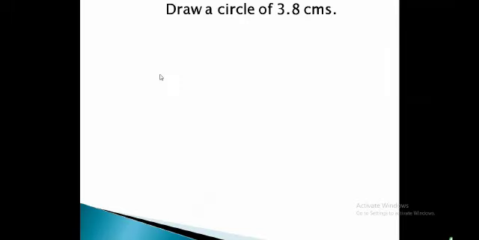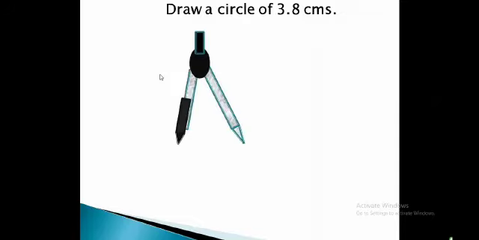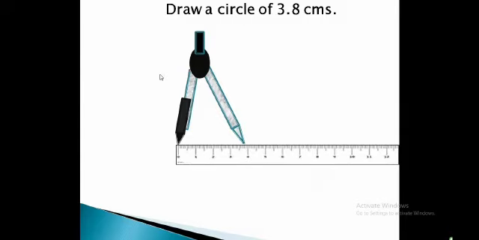Now we will draw a circle of 3.8 centimeters. So what are you going to do first? You take a scale, and the two points, that is the pencil point and the arm point. Pencil point you keep on 0, and the arm point you keep on 3.8 centimeters.